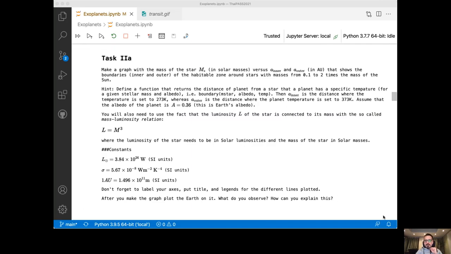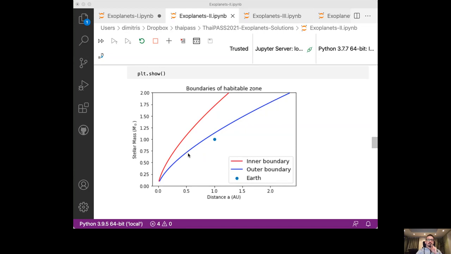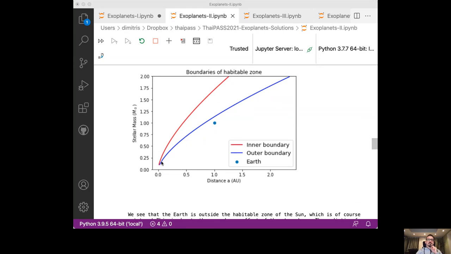Okay, let me stop sharing this screen, and now I'm going to share a different screen. Okay, so here I plotted two lines. The red one shows the inner boundary of the habitable zone.